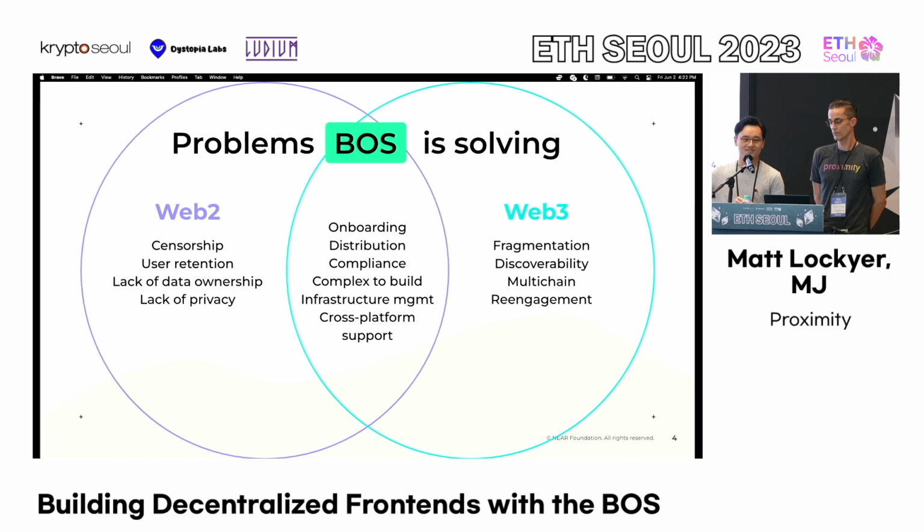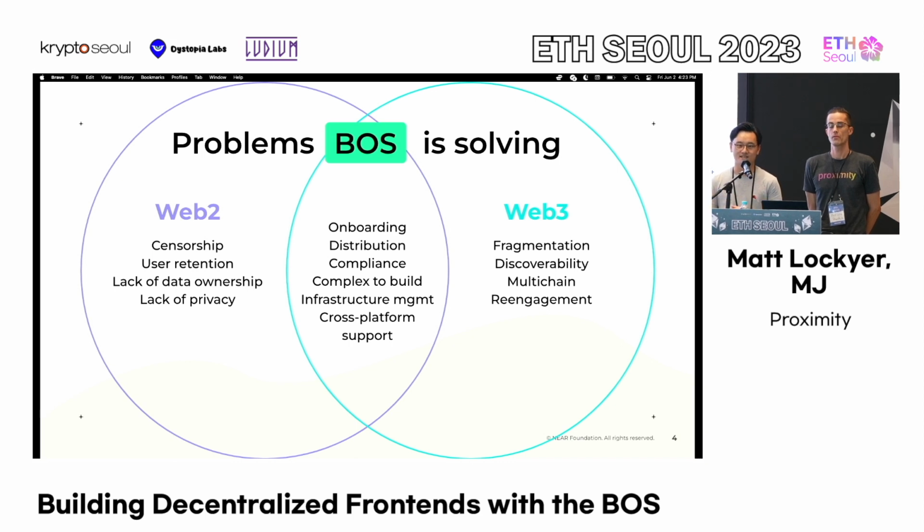And on the other side, Web3 has its own issues. Fragmentation is one of the top issues, because our ecosystem is very fragmented. Each blockchain has its own applications, its own wallets, its own user experience. And there's very little interconnectivity here. For example, if you are on Ethereum, you're probably using MetaMask, but if you're using something like Solana, you're probably using the Phantom wallet.